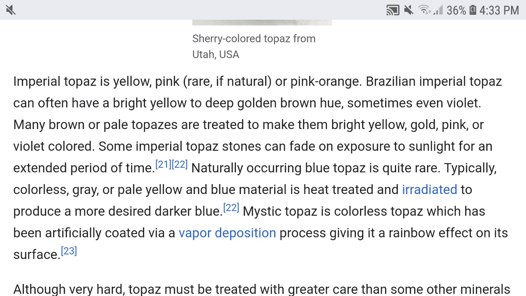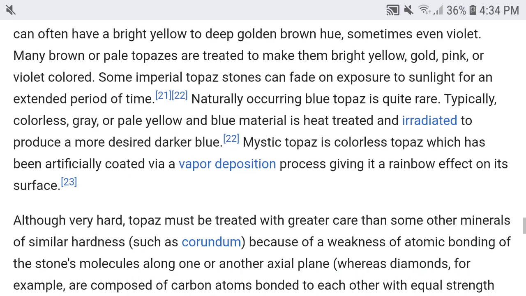Brazilian imperial topaz can often have a bright yellow to deep golden brown hue, sometimes even violet. Many brown or pale topazes are treated to make them bright yellow, gold, pink, or violet colored. So you give some treatment, so it's not really natural, right? Because you change the color purposely, I guess.